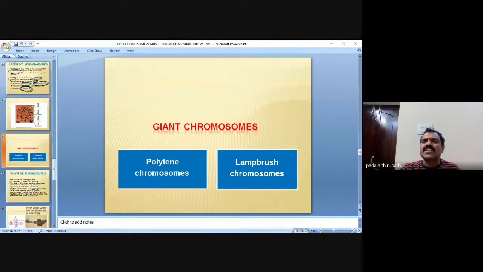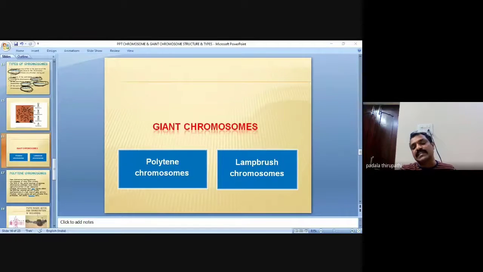These largest, long thread-like chromosomes we call giant chromosomes. What do we call them? Giant chromosomes. These giant chromosomes are observed in animals. In plants, three types of giant chromosomes are observed. The first one is the polytene chromosomes.